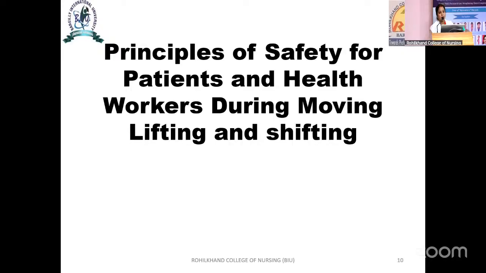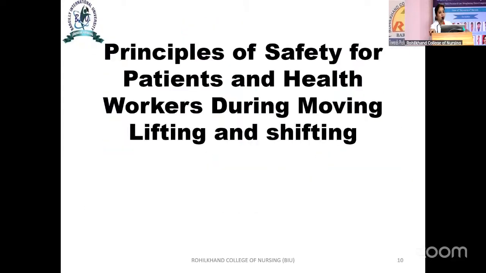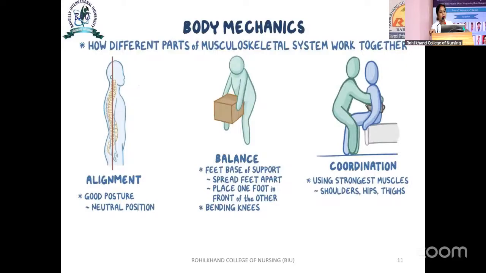Some important principles of safety for patient and health worker during moving, lifting, and shifting. Before we discuss the principles of safety for patient and health workers during lifting, shifting, and movement, we will discuss how different parts of the musculoskeletal system work together.